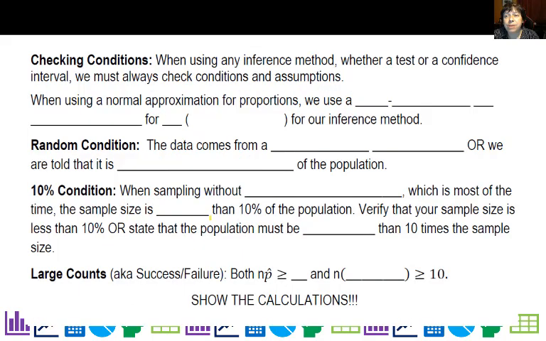Now we're going to move to the plan section where we check conditions. The conditions for a hypothesis test are the same as for a confidence interval. So when we're using the normal approximation for proportions, instead of using an interval, we're going to use a one sample z test for p, also called a one prop z test on the calculator.